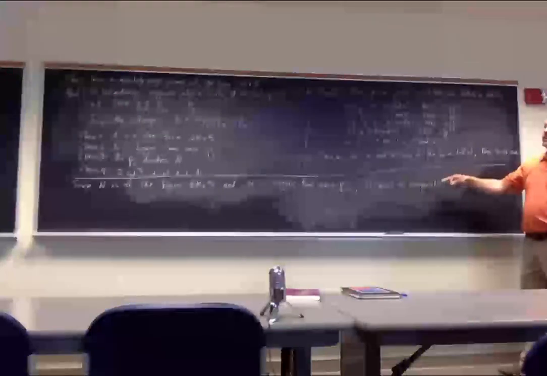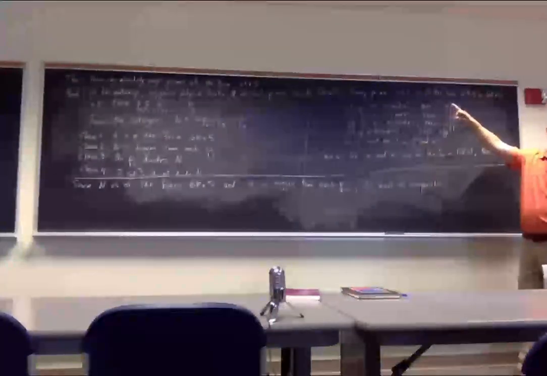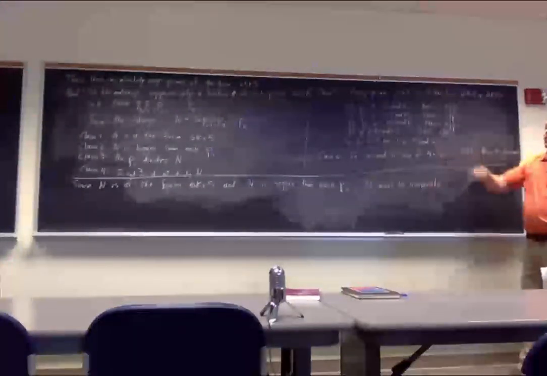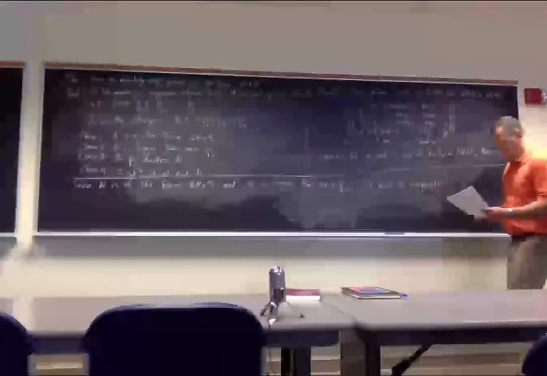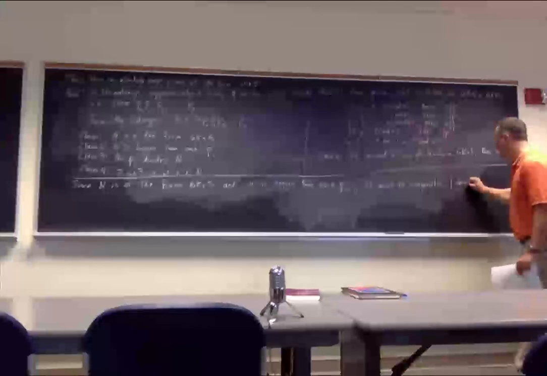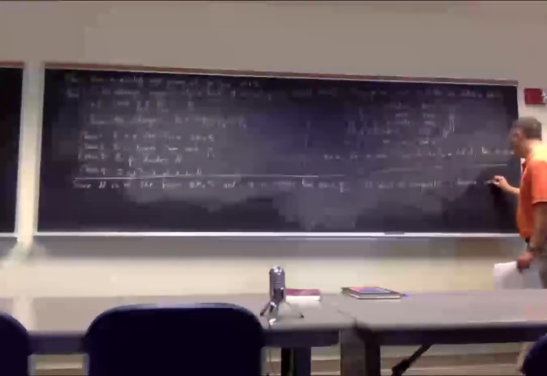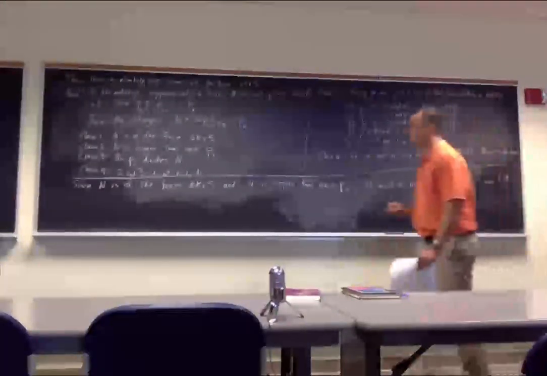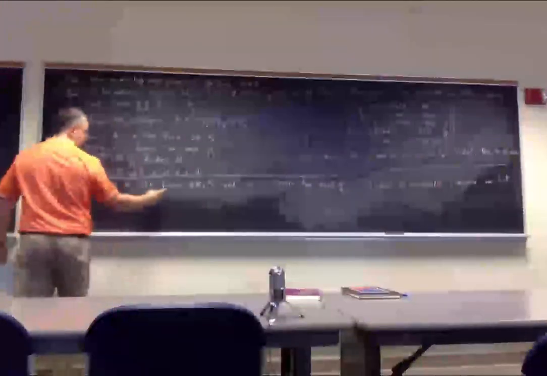So basically, it has to be composite because n is not in that list of primes of this form. Otherwise, our list would not be exhaustive. It wouldn't have every prime of this form.